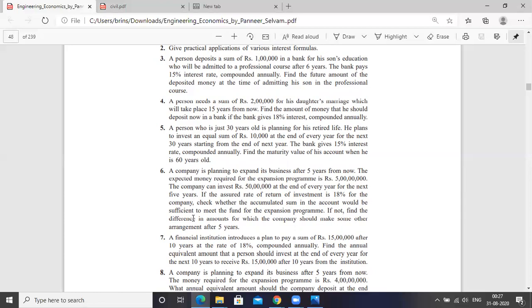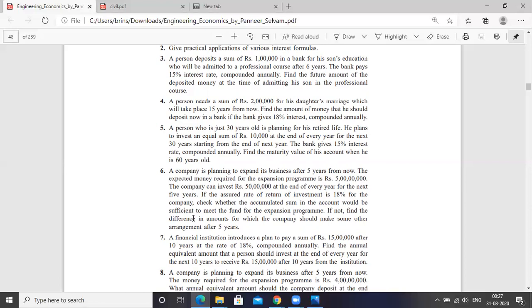It is given that the company is planning to expand its business 5 years from now, with an investment of 50 lakhs at the end of every year for the next 5 years, and the assured return is 18%.